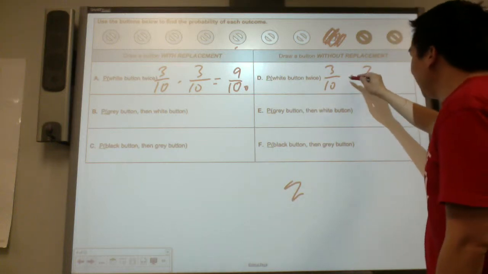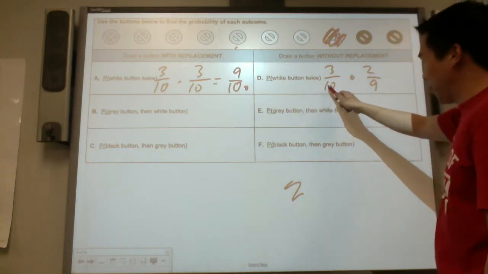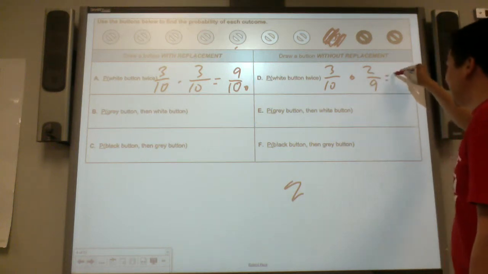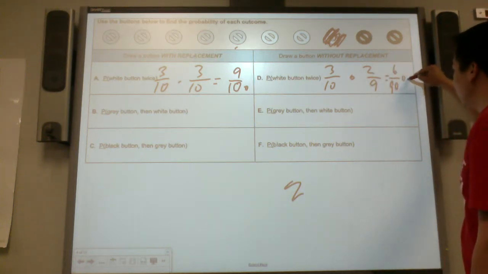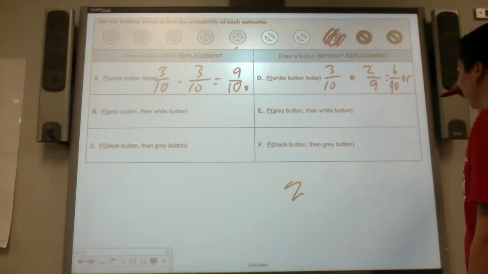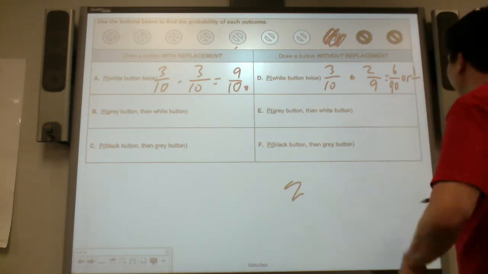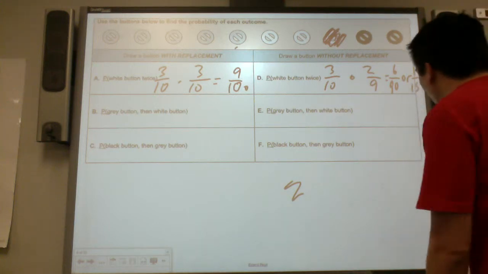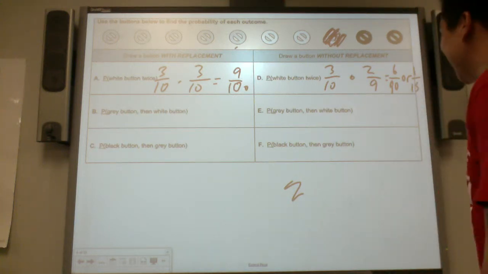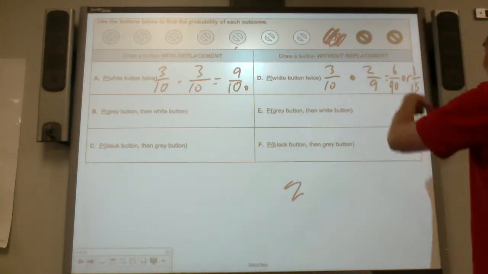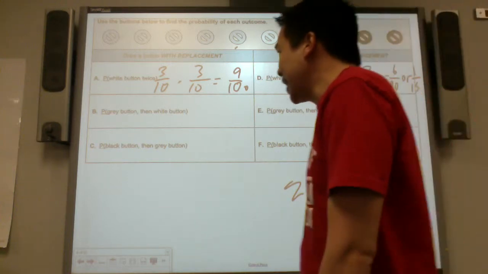So what is the probability of getting a white button the first time around? 3 out of 10. A white button the second time around? 2 out of 9. It is 6 out of 90, which simplifies, if I divide by 6, to 1 out of 15 chance of this happening. So it's going to be very rare, getting 2 white buttons in a row, if I do not replace it.